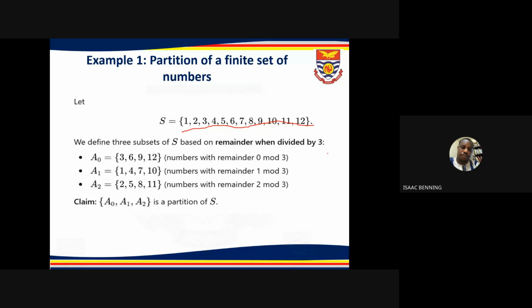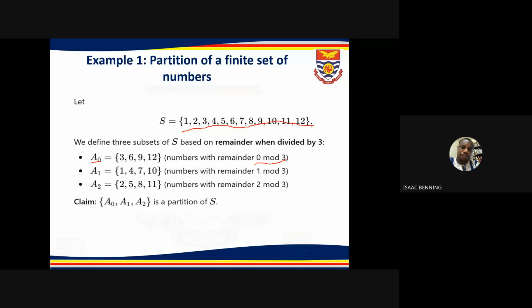Okay. So for example, the elements we have listed here, 3, 6, 9, 12. When we divide these numbers by 3, there will be remainder 0. So actually we are talking about 0 modulo 3.